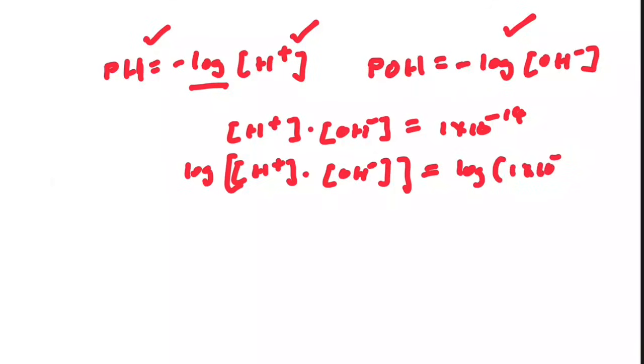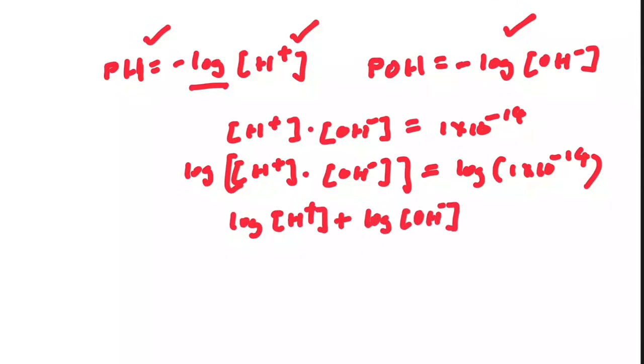But log of A multiplied by B is equal to log of A plus log of B. That is a log law. So we're going to have log of H+ plus log of OH-. We have applied a log law there.